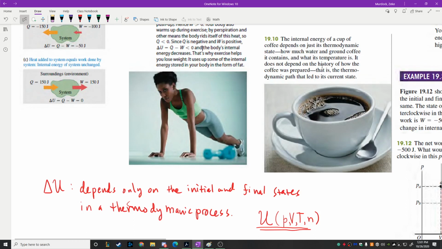It does not depend on the history of how the coffee was prepared, that is, the thermodynamic path that led to its current state. It doesn't matter how it got to this temperature. It doesn't matter if it was heated up and then cooled back down and then heated up again. At the end of the day, they're saying the internal energy of the coffee really only depends on the temperature. I think it could depend on P and V too, but it doesn't matter how, like, the pressure path, basically, is the idea.